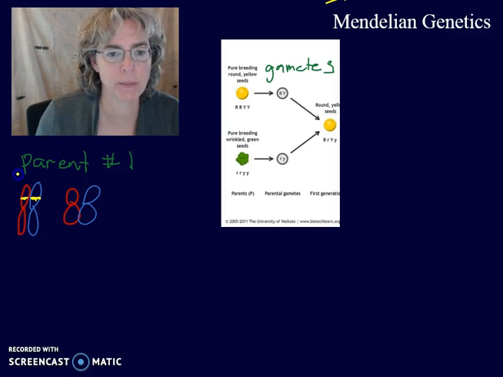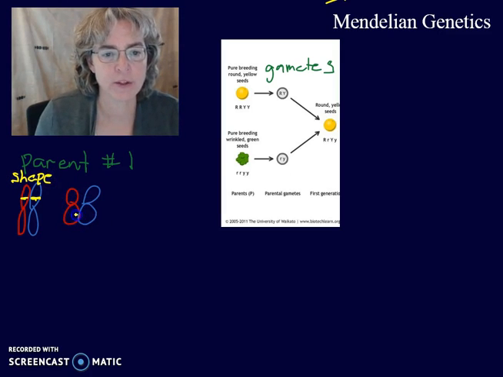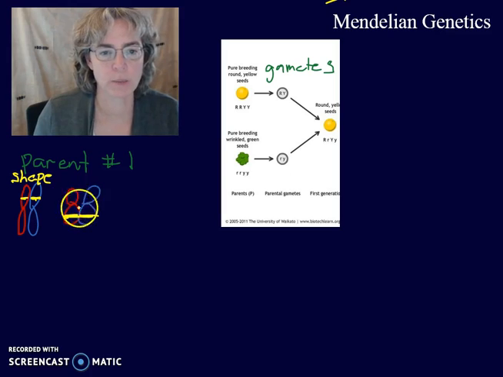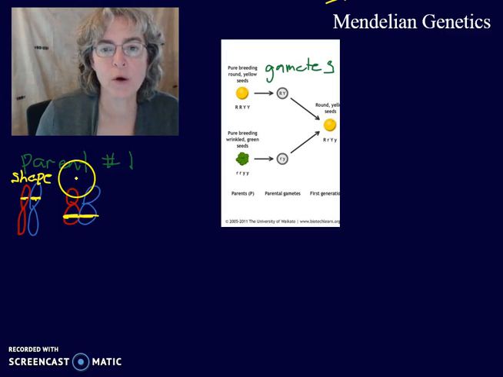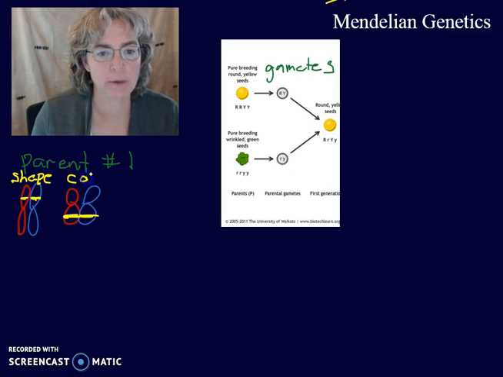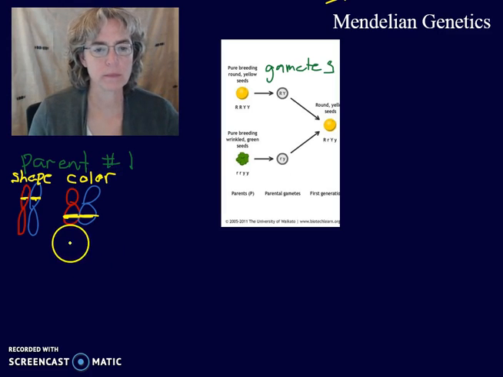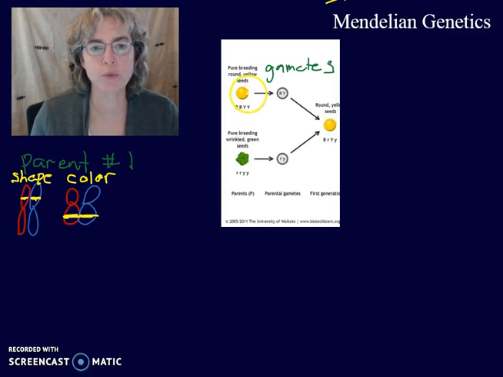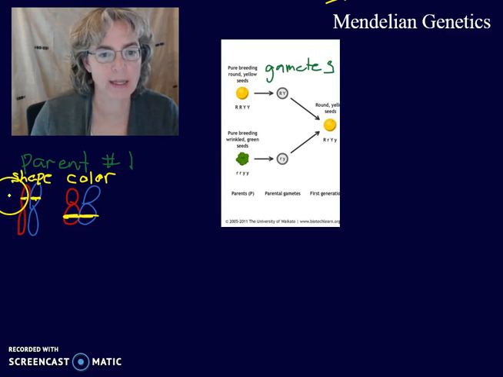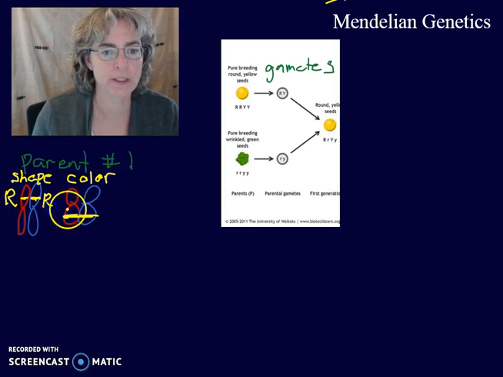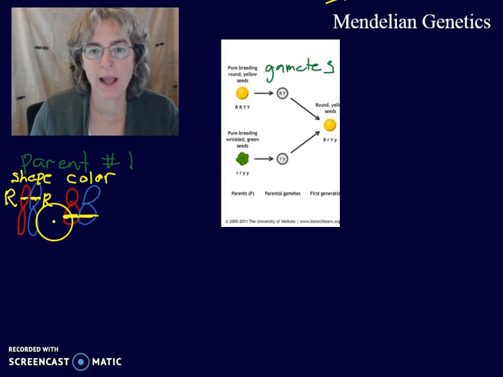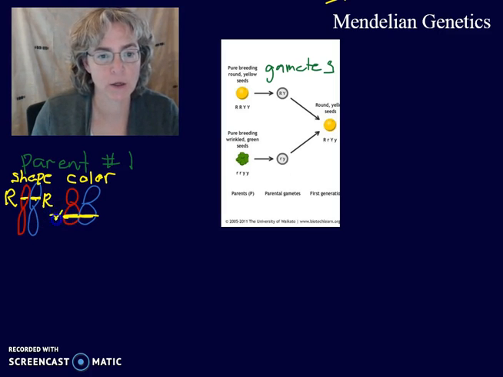No, that's seed shape. So we're going to start with seed shape. And then there's an allele on this homologous pair of chromosomes that codes for seed color. And we have true breeding, so we know that these alleles are dominant for seed shape, so we're going to use the capital R, and they're dominant for seed color, so we're going to use the capital Y.